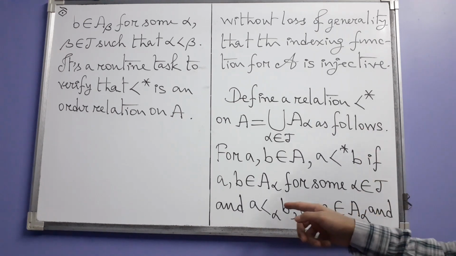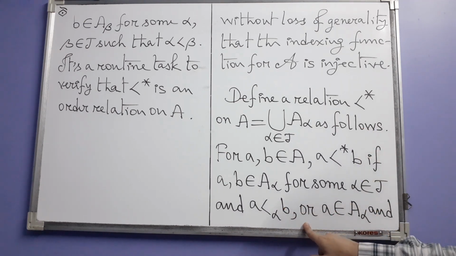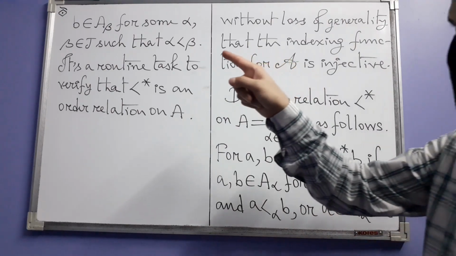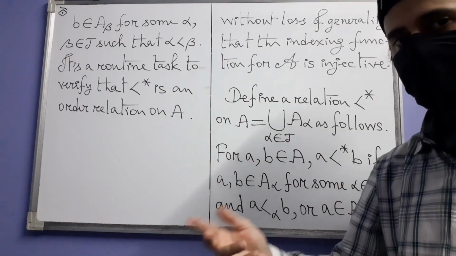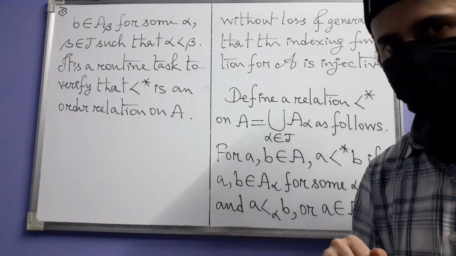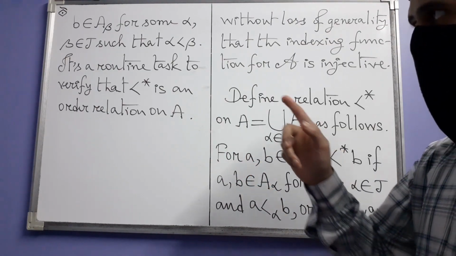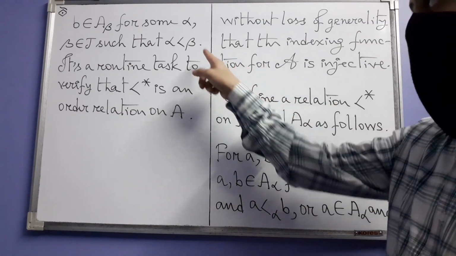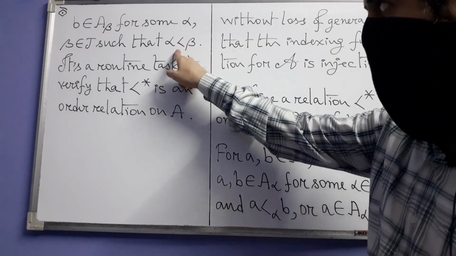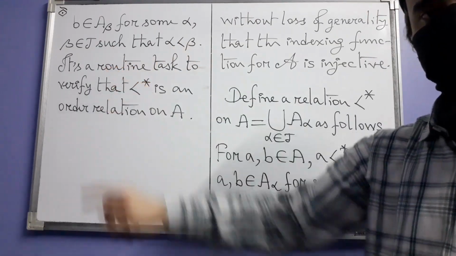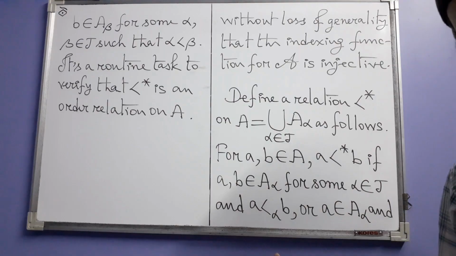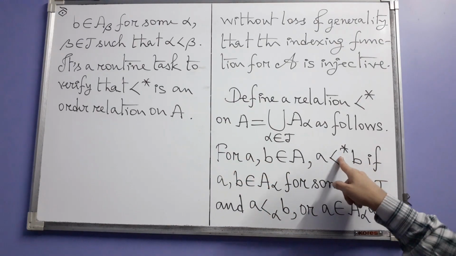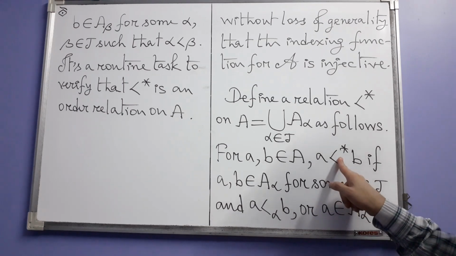In that case, that is why another condition is there: a belongs to some A alpha and b belongs to some other set of the family, say A beta, for some alpha and beta in J such that alpha is less than beta, and this relation is the relation that we have on J. If that happens instead of this, then also we say that a is less than b with respect to the new relation.